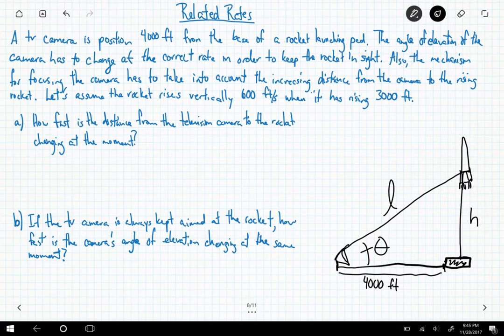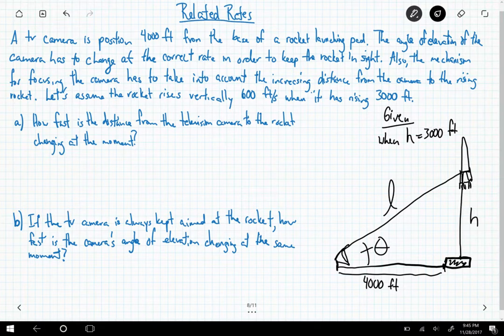Now the givens, besides the 4,000, the givens that are changing: when h equals 3,000 feet, and let's assume the rocket rises vertically at 600 feet per second. So the first one was h according to our drawing, and then the second one we're going to have dh/dt, and this would be 600 feet per second. So all that's just given in there.